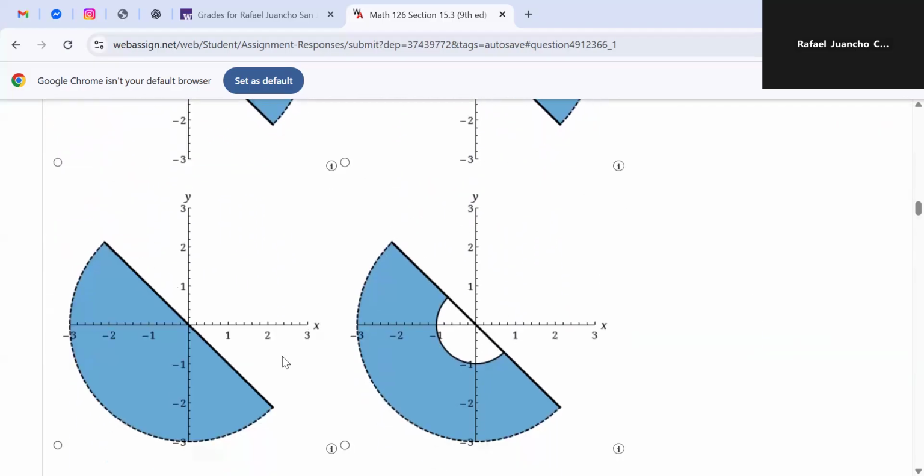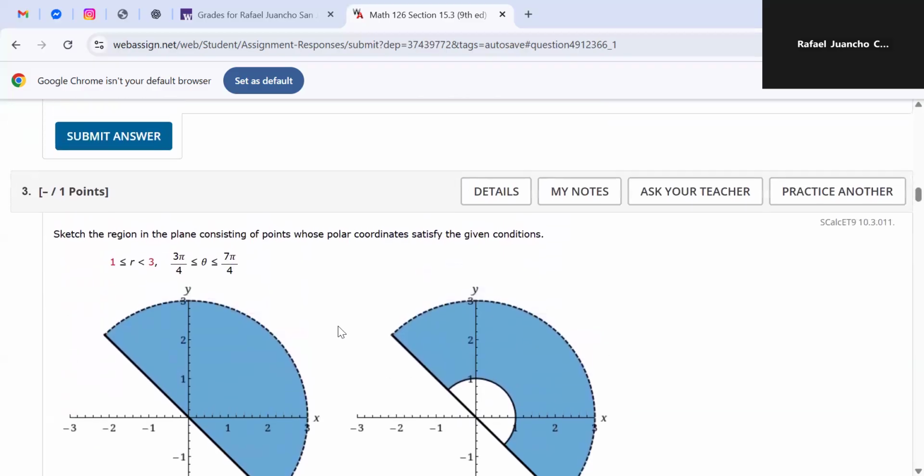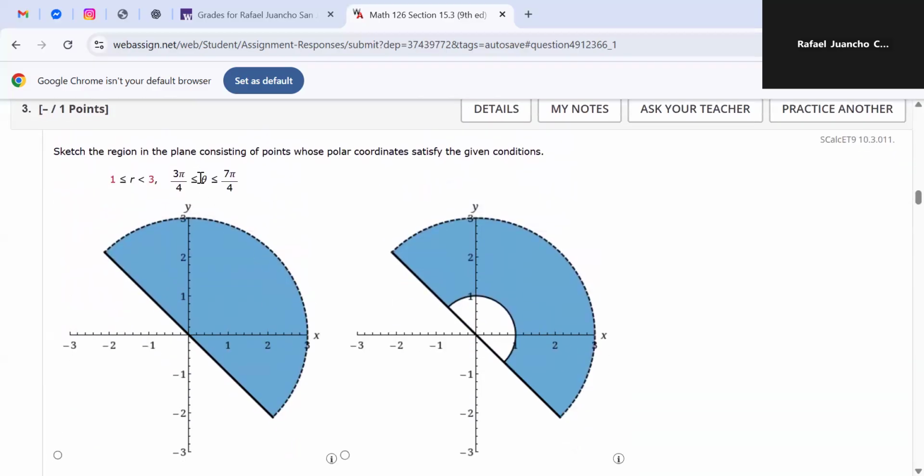So 1 with dashed lines are gone. So I have to pick from these two. And then we use the other information, which was from 3 pi fourth to 7 pi fourth. So starting from 3 pi fourth, where does that start?